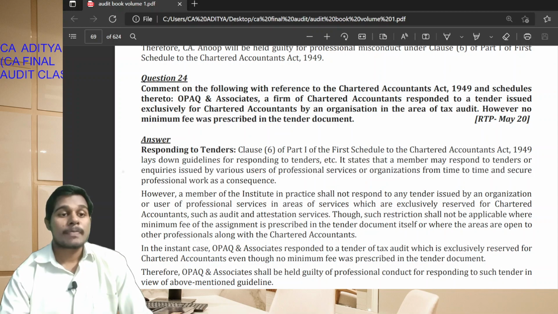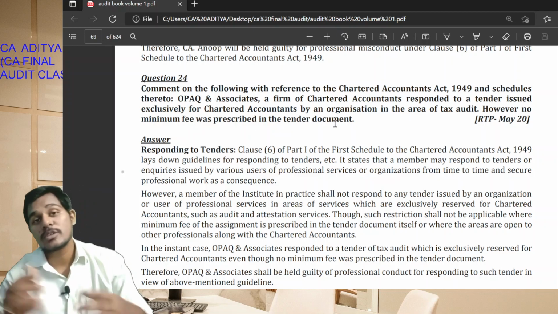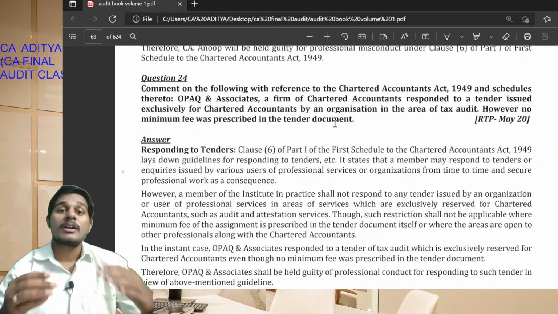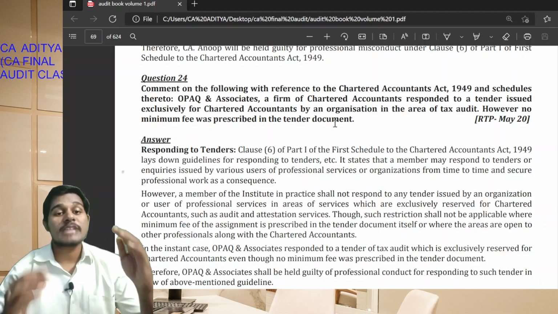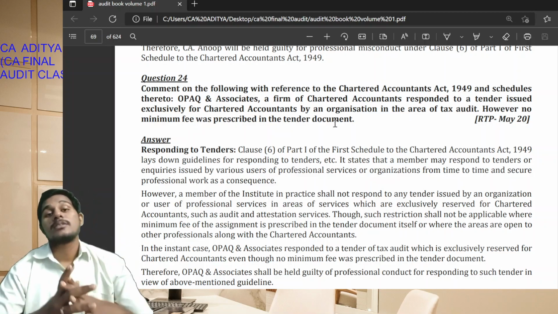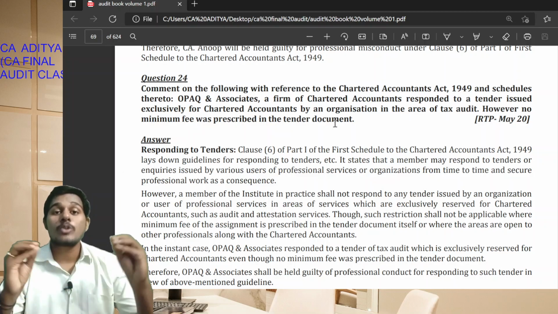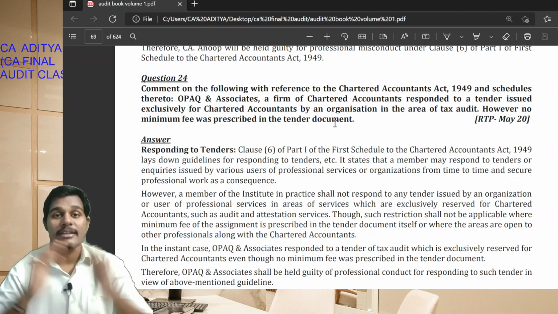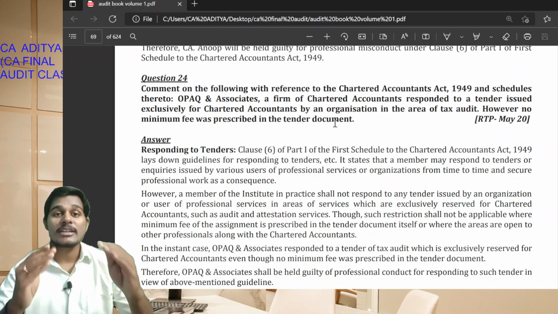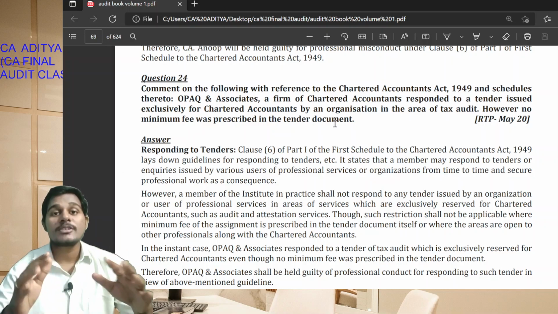See students, PQR and Associates, a firm of chartered accountants, responded to a tender meant exclusively for chartered accountants. However, there was no minimum fee. A chartered accountant responding to a tender for work that only chartered accountants can do, where no minimum fee is prescribed, should not enter into such a tender.